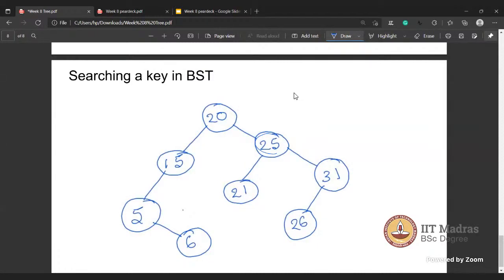Otherwise, it will be -1 or something like that. Searching 21, what will it return? It returns that the element is found. It will return true or false, something like that.